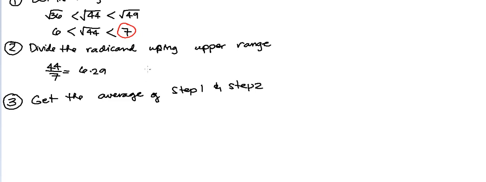So, ano ba ang result ng step 1? Ito yung average natin, di ba? We have here 7. So, we are going to add 7 plus yung result ng step 2, which is 6.29. Tapos, ang sabi, get the average. Ibig sabihin yan, we are going to divide this one by 2.